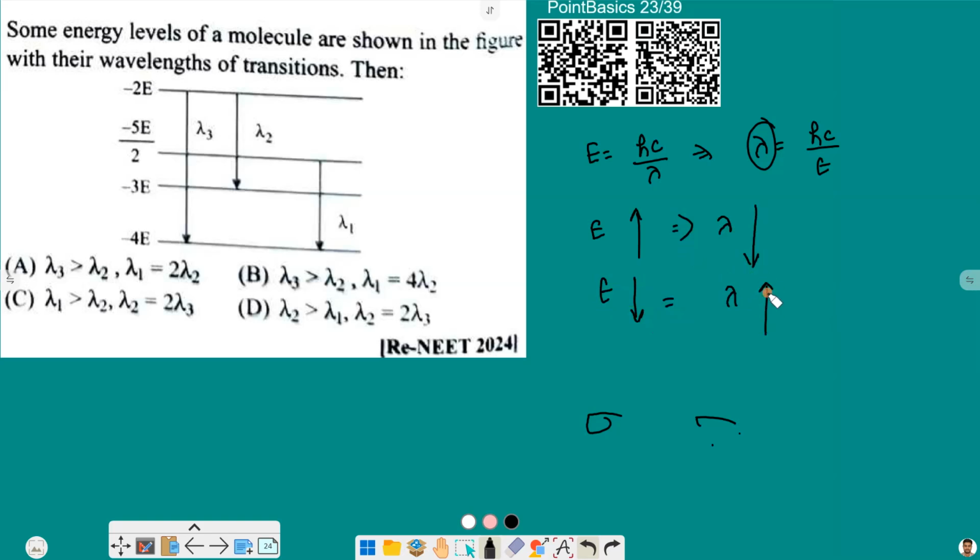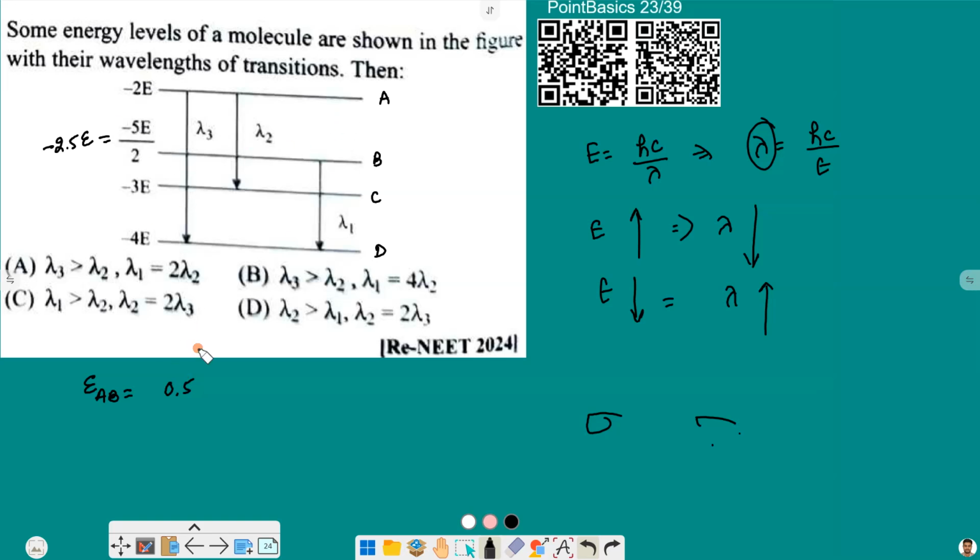Now let's find out the energy differences. So suppose this is level A, this is level B, this is level C, and this is level D. So the energy difference between A and B will be, this is basically minus 2.5 E, so the difference is only 0.5 units.